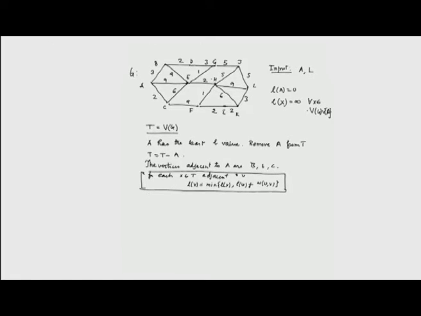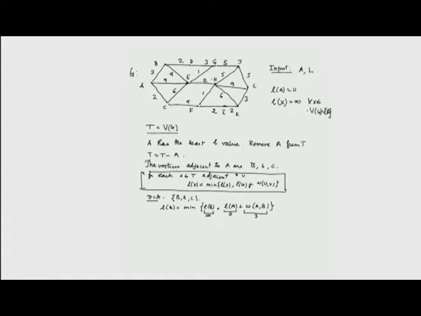So, what do I do? Here my V is equal to A and the adjacent vertices are B, E and C. So, I calculate L of B to be minimum of L of B comma L of A plus W A to B. Now, we see that L of B is infinity and L of A is 0, W A B is 3.